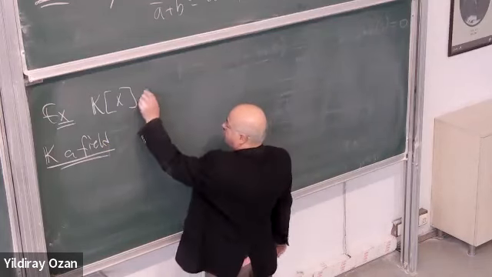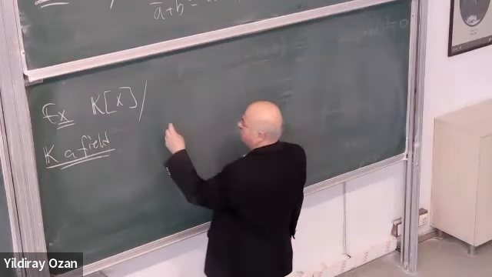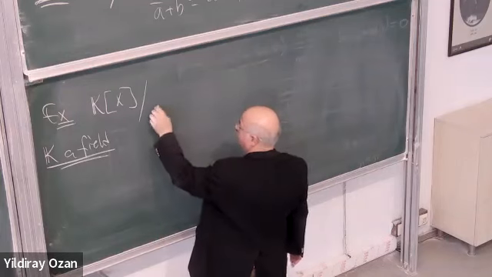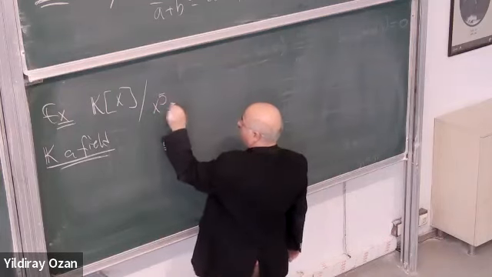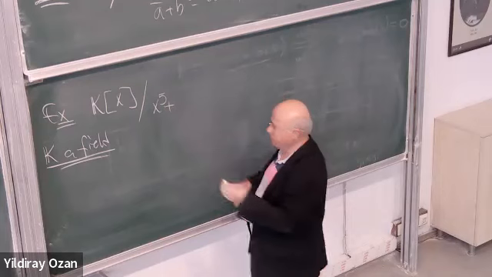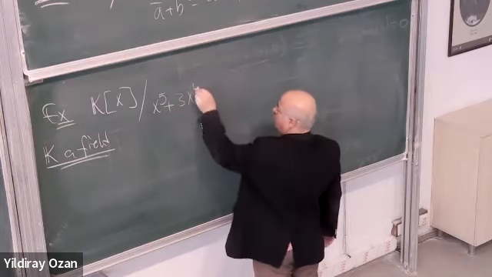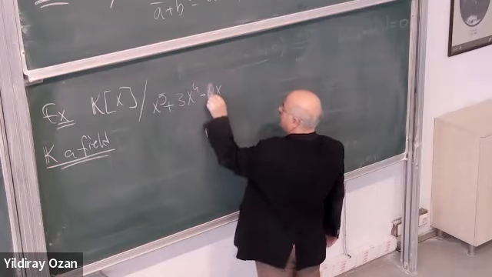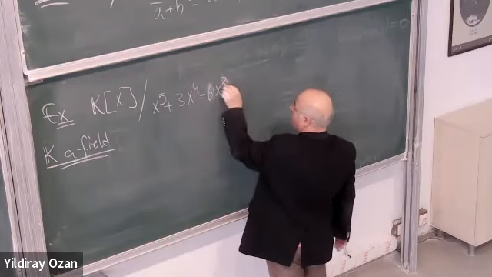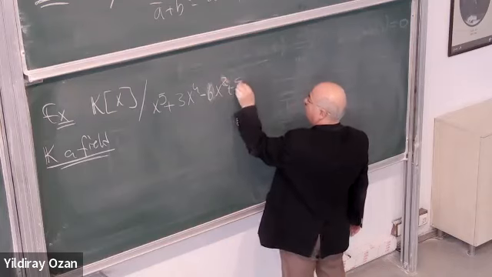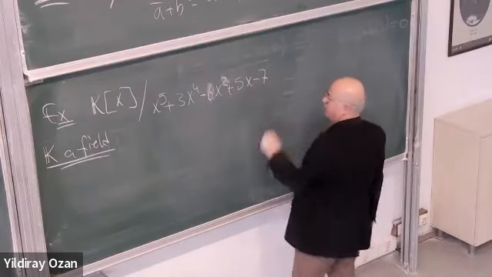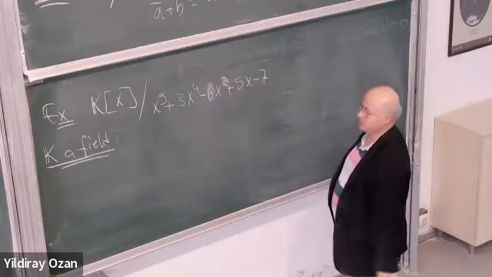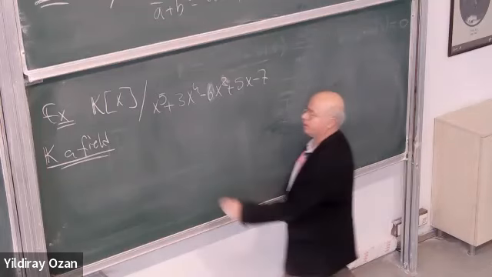And let's divide this by some polynomial. For example, let me divide this by this. Any ideal is principal, so let's just divide it with this one: 6x cubed minus x squared plus 5x minus 7. Let's say this ideal.